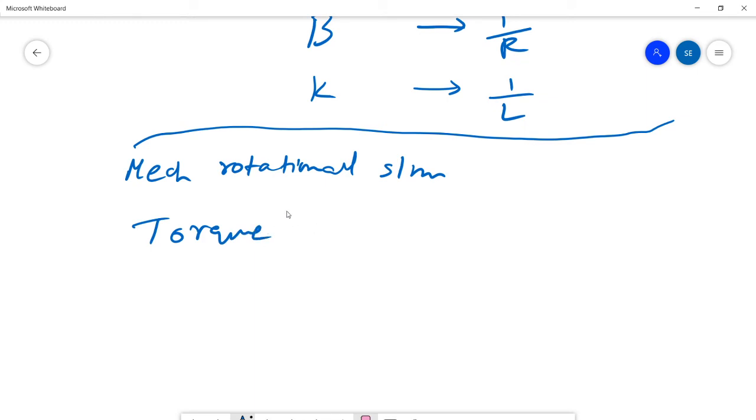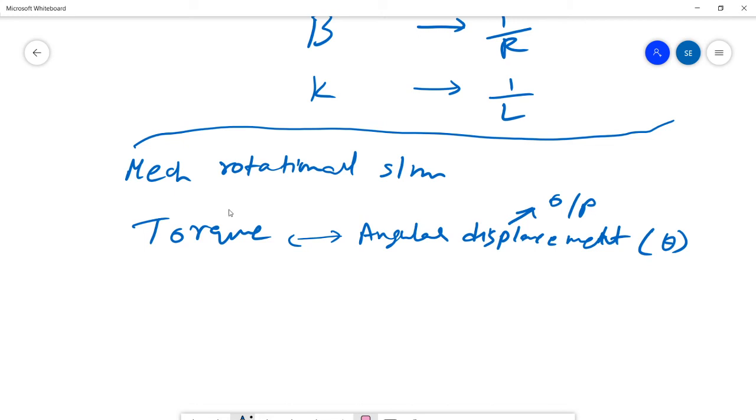We have torque, right? For input torque we will be calculating the change in angular displacement theta. This is the output, this is the input, right?